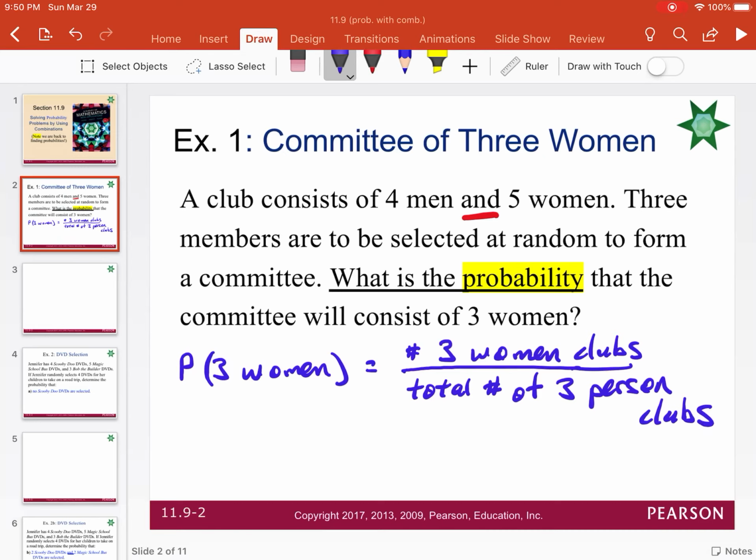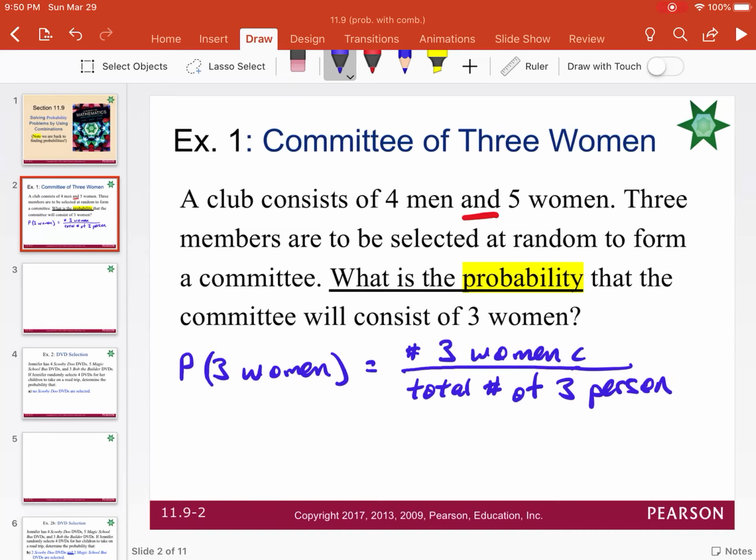So if you got to think back, right? It's been a couple weeks now. The top is always the desired outcome. In this case, it's a committee or a club of 3 women. Okay? And I guess just so I don't confuse you, I probably should call these committees. So there's a club of people, and they're making a committee. All right, let's kind of get our words straight here.